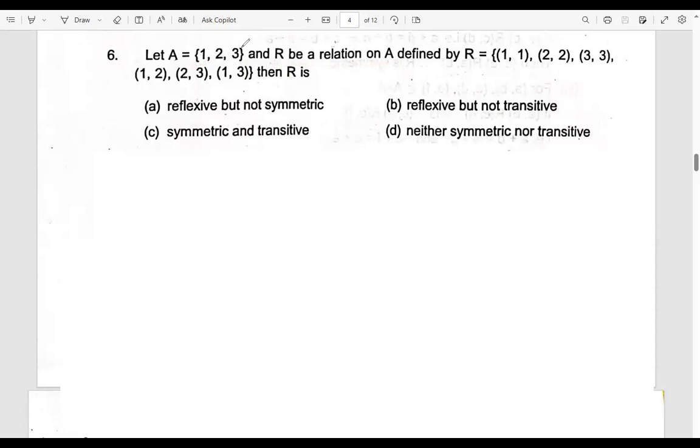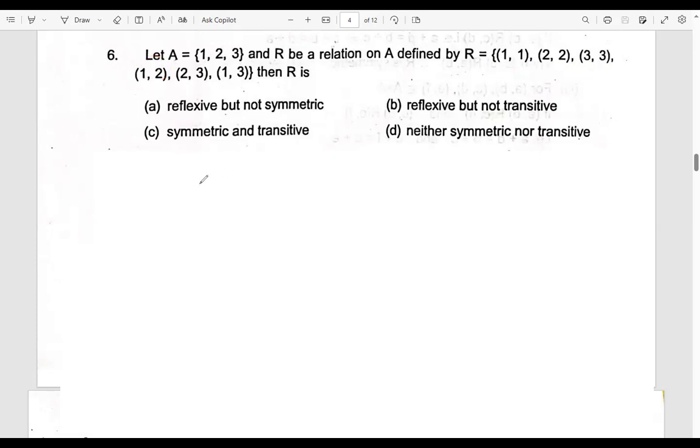Now, as we can see, we have the pairs (1,1), (2,2), (3,3), and that's the condition for reflexivity. So it's reflexive. Now, we are given (1,2), and (2,1) does not belong to R. Because if you scan through, you see (a,b) belongs to R, but (b,a) does not belong to R.